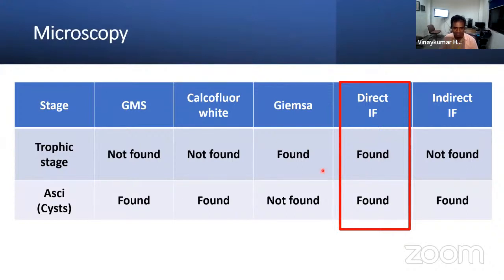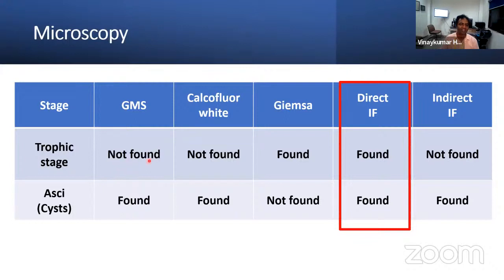In the rest of the methods, say in Gomori's methenamine silver, the trophic stage is not found. What you find is only the cyst stage. That is the one described with ping-pong appearance, raisin appearance, hat-like appearance. All these are asci and they are not trophic stages.